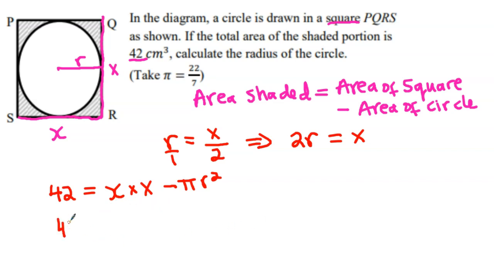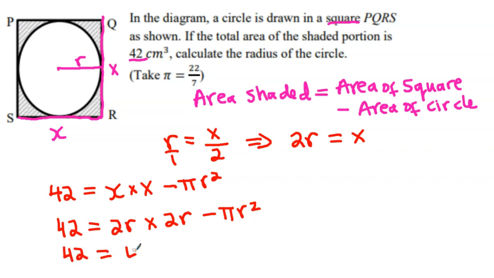So here it is going to be 42 is equal to, when I see x, I'm just going to put 2r. So 2 radius times 2 radius minus pi radius squared. 42 is going to be 2 times 2, which is 4, and then r times r, which is r squared, minus pi r squared.